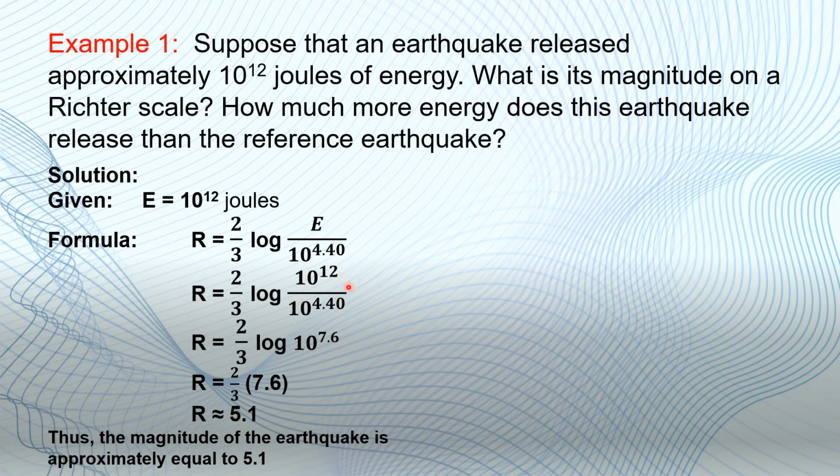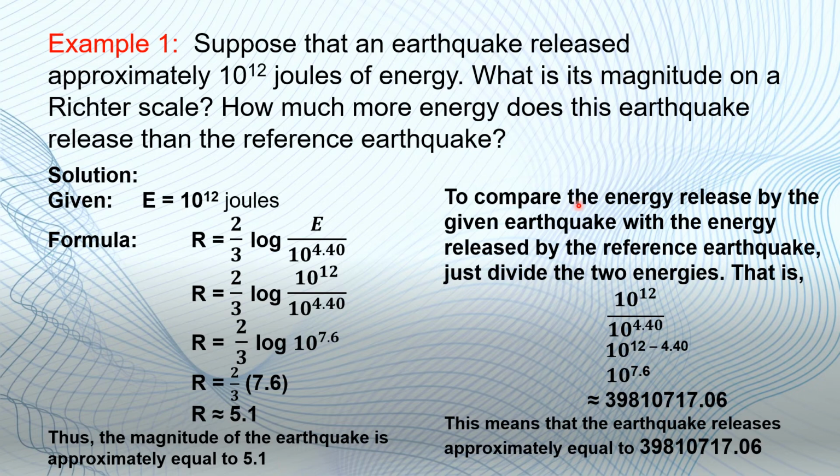So 12 minus 4.40 is equal to 7.6. And logarithm of 10 raised to 7.6 is equal to 7.6. Multiplying it by 2/3, we have approximately 5.1. Thus, the magnitude of the earthquake is approximately equal to 5.1.